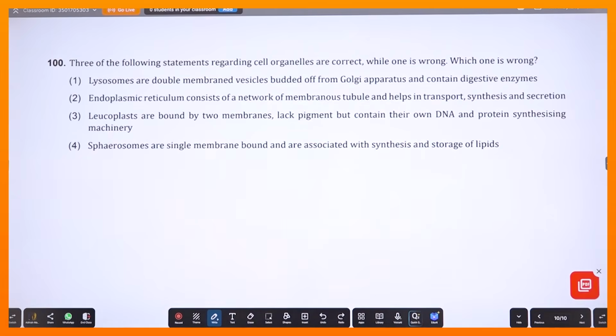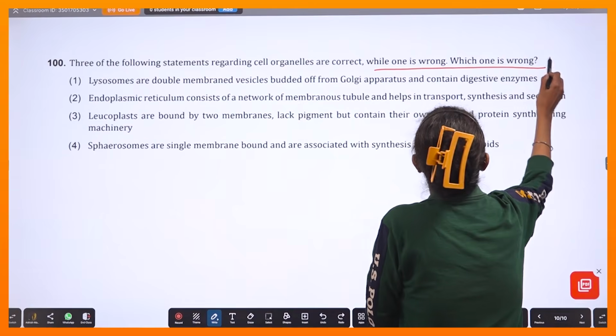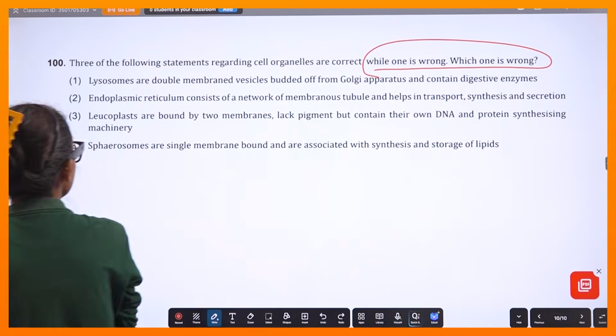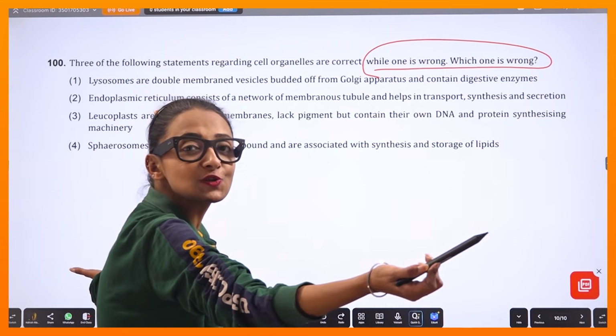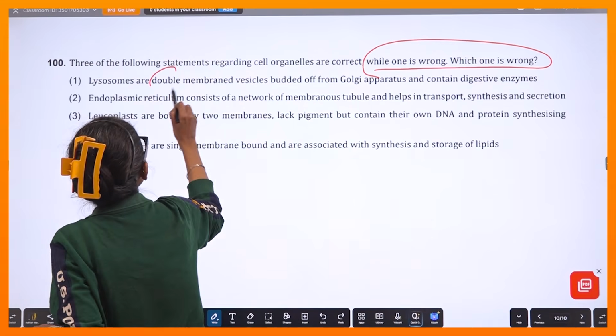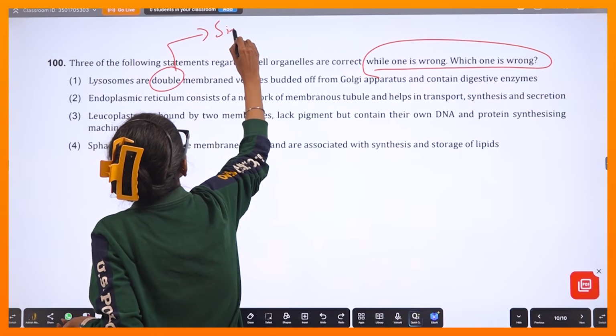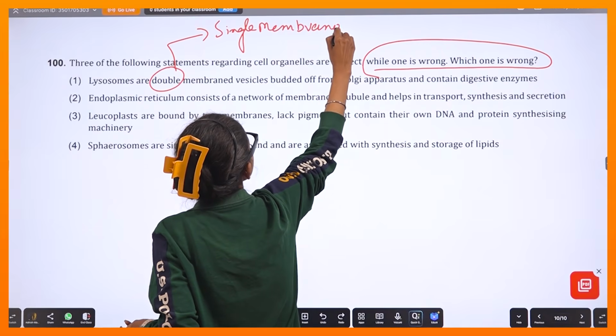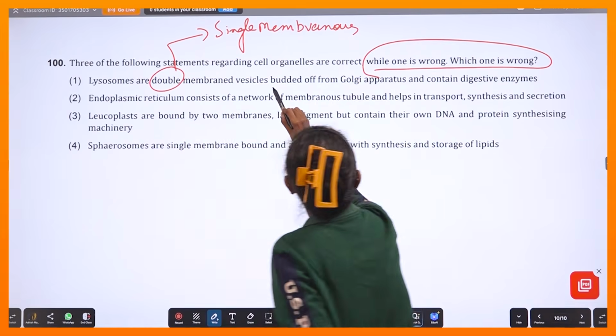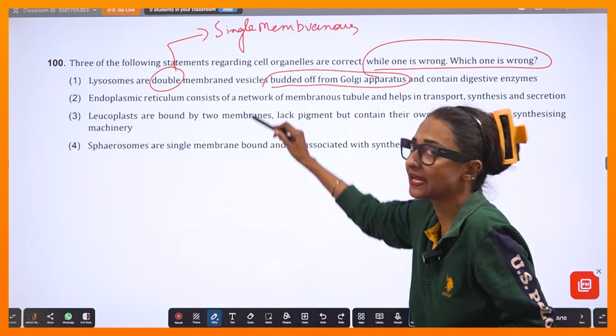So 3 of the following statements regarding cell organelles are correct. Which one is wrong? So I have to identify the wrong one. Lysosomes are double membrane vesicles. Sorted. Lysosomes are single membranous. They contain hydrolytic enzymes and they bud off from Golgi apparatus.